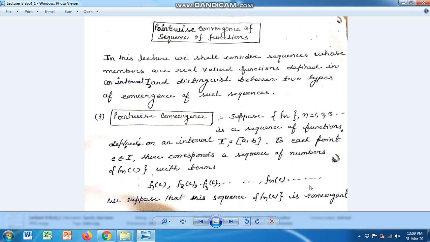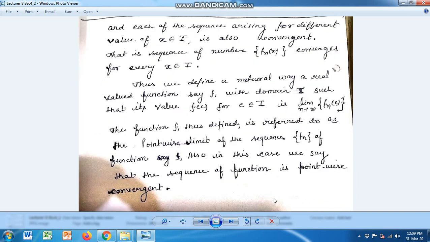We suppose that this sequence f_n(c) is convergent, and each such sequence arising for different values of x belonging to capital I is also convergent. That is, the sequence of numbers f_n(x) converges for every x in the given interval.